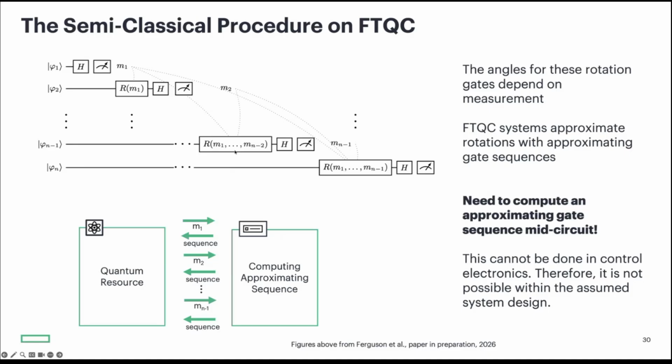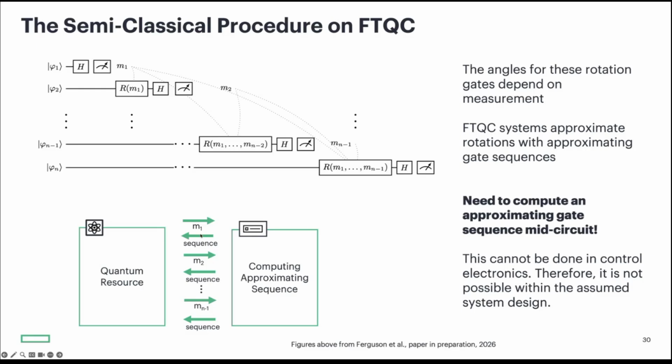So say we're trying to do this gate here: we get all these measurement results from the previous ones, we do some math, we have to come up with this approximating gate sequence, and as far as I can tell, there's absolutely no way you could do that in control electronics. Current algorithms for it take something like 4 milliseconds on a laptop. So it's not possible with the system design that I described as the initial or assumed system design.